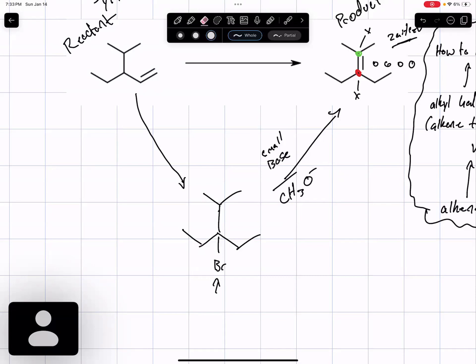What am I treating this alkene with to get to this alkyl halide? HBr. Okay, is it HBr and ROR, or is it simply HBr?